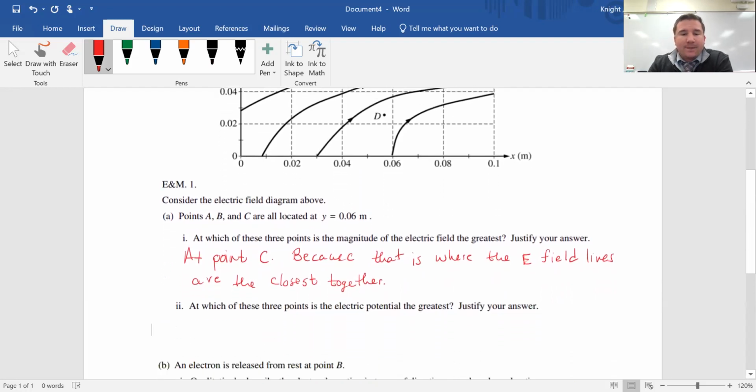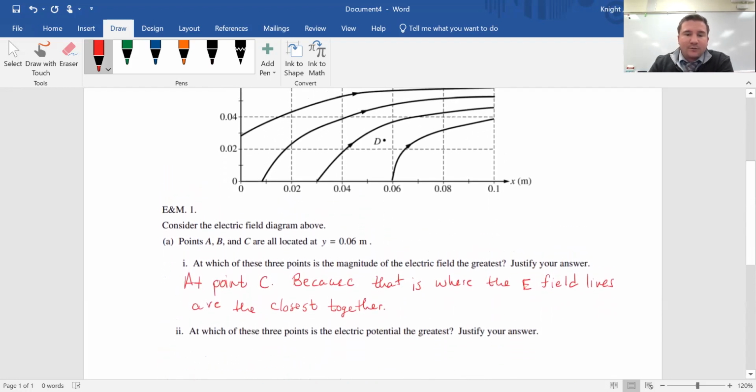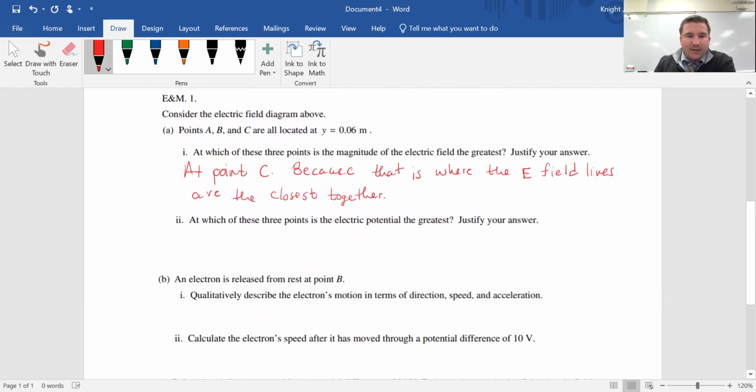So at which of these 3 points is the electric potential the greatest? It's got to be point A. Point has an N in it. A is capitalized. Really doing quality stuff here.